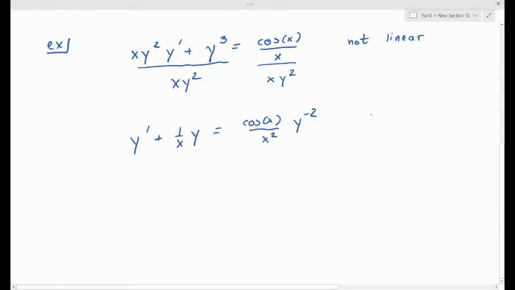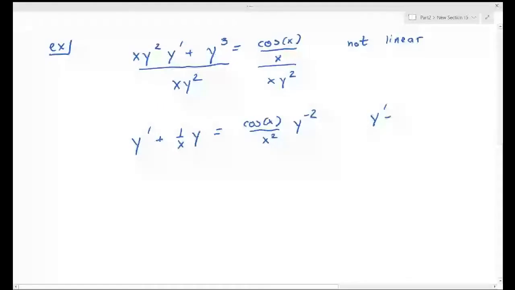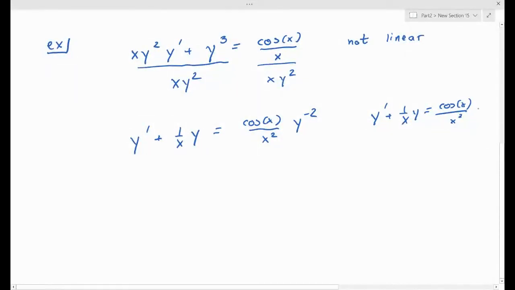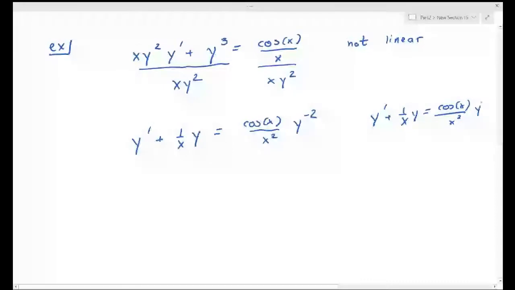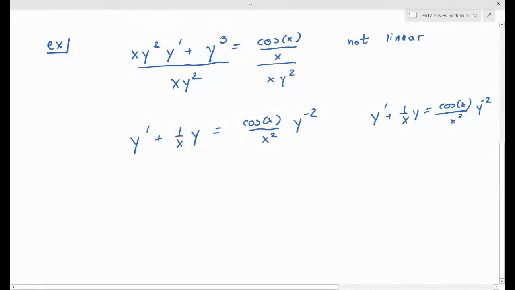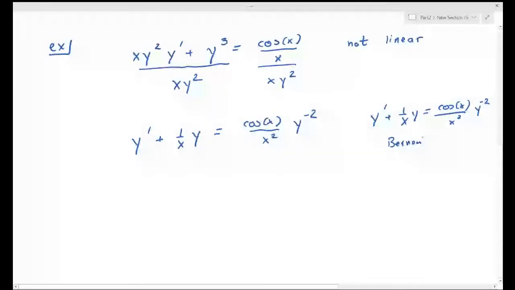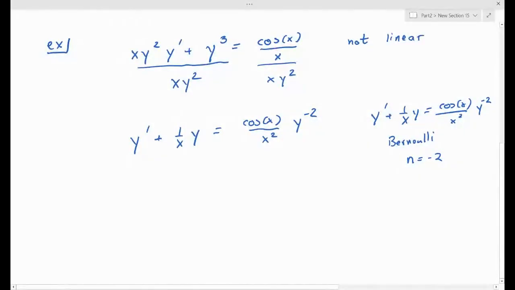Okay. And so I recognize that if we just had this, it would be first order linear, but we have nonlinear because of this y to the negative 2 power. So you recognize that as Bernoulli, where the power for the y on the right-hand side is negative 2.